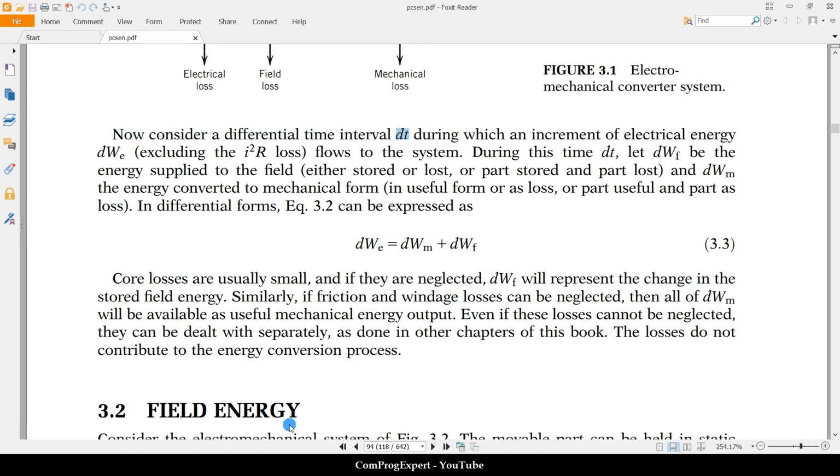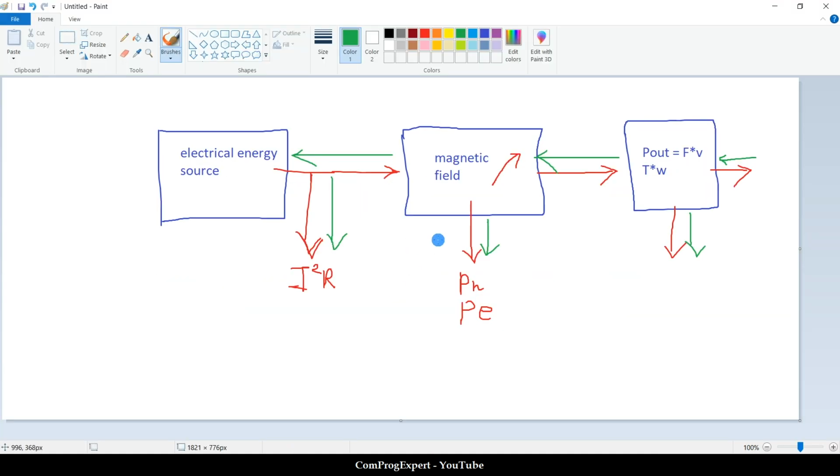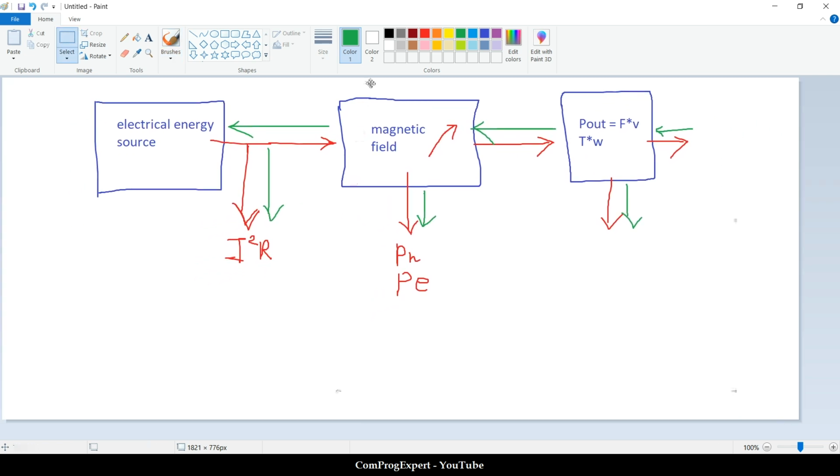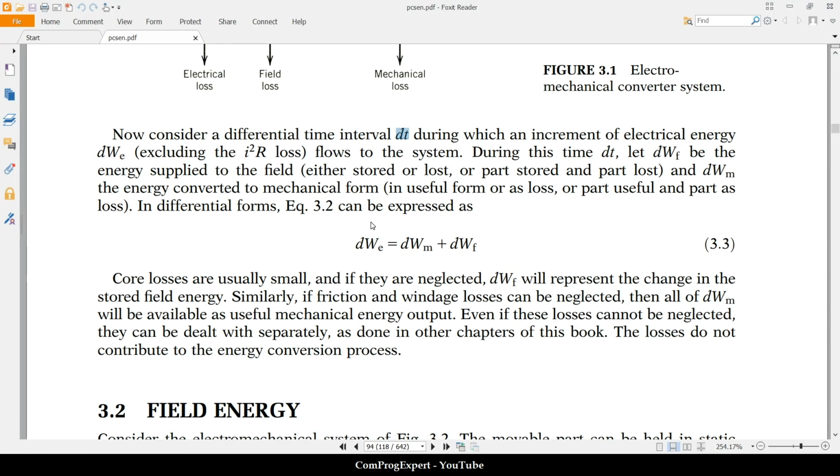Okay, so we are going to write the energy balance equation in mathematical form, considering a differential time, delta t or dt, the total derivative. So I'm going to analyze this energy conversion process only for a differential time interval.